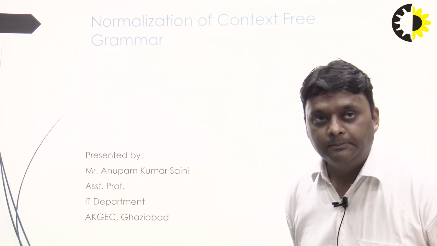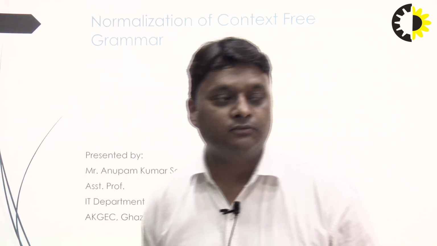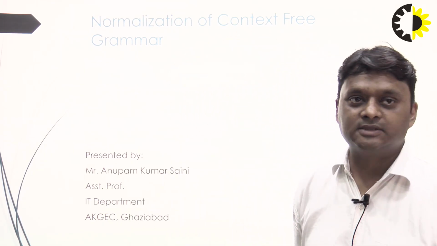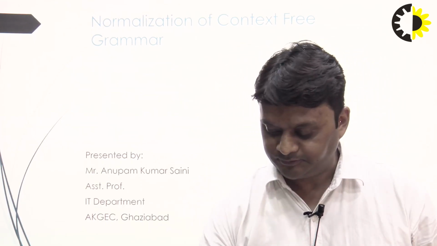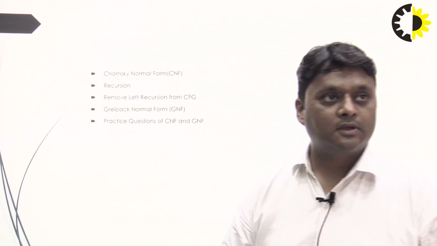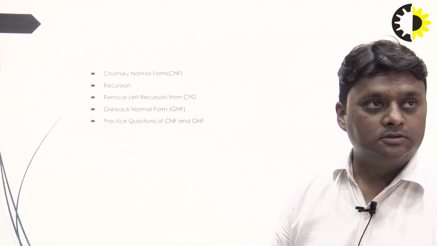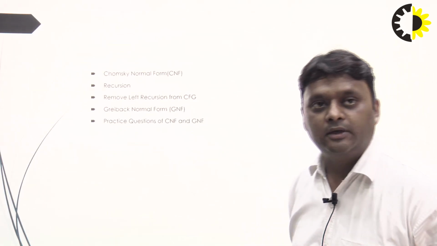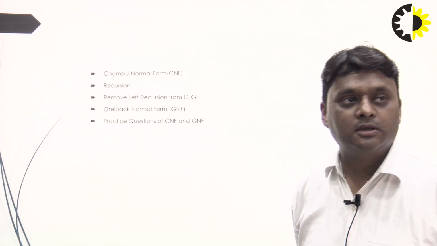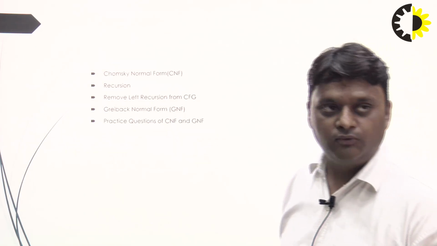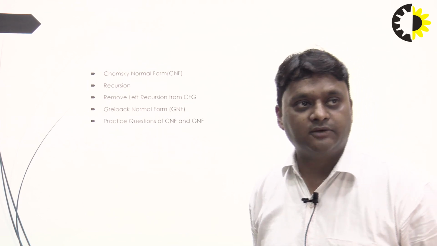Greibach normal form, that is part of normalization. In the previous lecture, I also discussed CNF, Chomsky normal form. Today I will discuss the Greibach normal form, known as GNF.